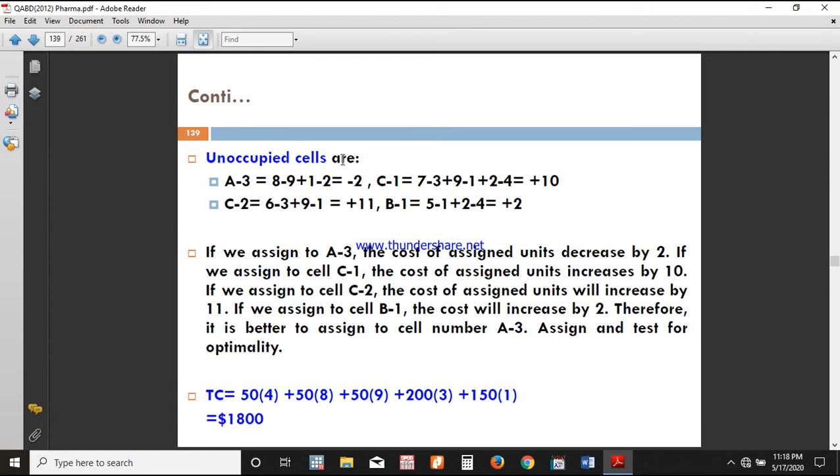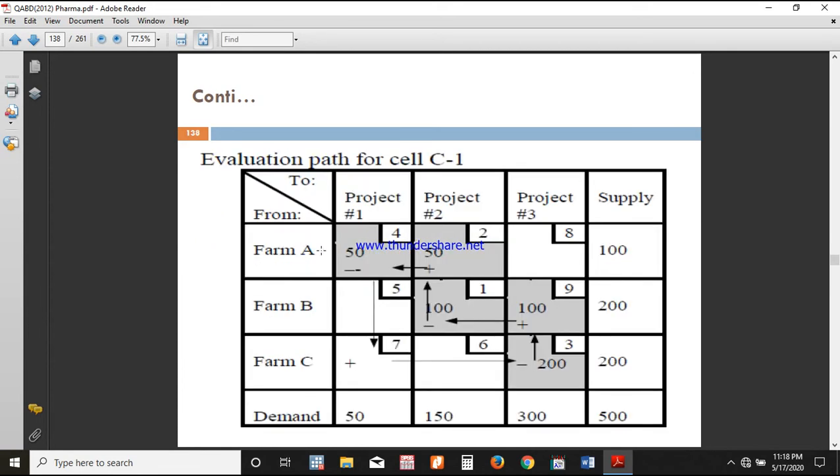Therefore, take the unoccupied cell A3. To evaluate A3, first you should bring the plus sign here and the minus sign here, plus, minus, plus, minus, plus, minus.